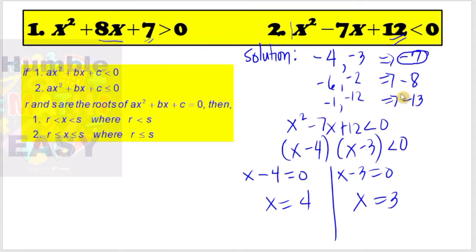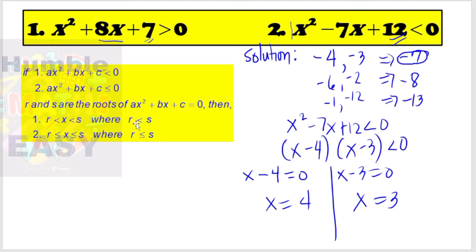Now since the given inequality is a less than symbol, there is a pattern that we're going to consider to be able to give our solution set. If the quadratic inequality ax squared plus bx plus c is less than 0, or ax squared plus bx plus c is less than or equal to 0, then we have two roots r and s represented by the quadratic equation given.